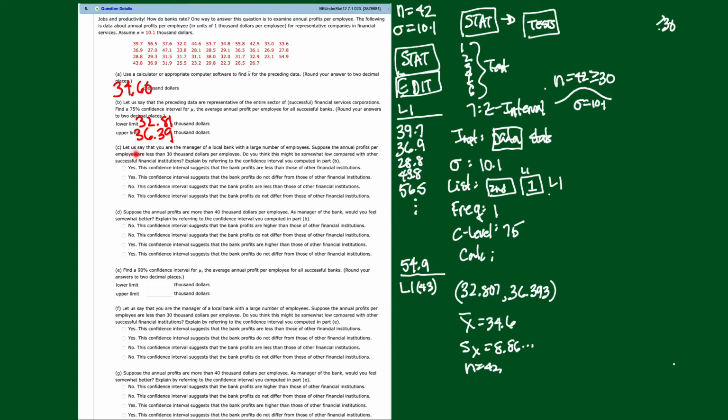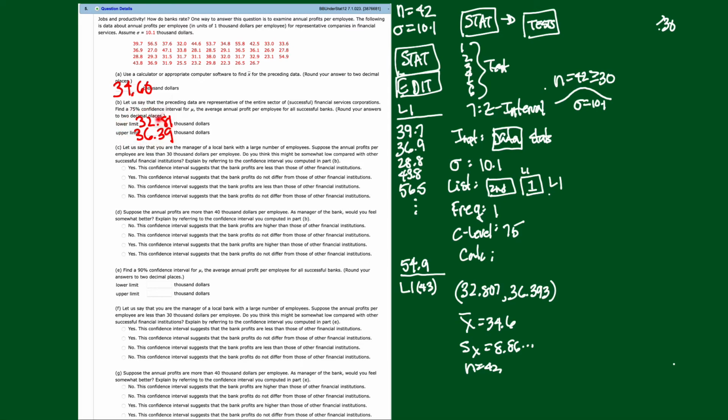Part C says, let us say you are the manager of a local bank with a large number of employees. Suppose the annual profits are less than $30,000 per employee. Do you think this might be somewhat low compared with other financial institutions? Explain. Well, this seems low to me. Does it seem low to you? I mean, they're talking about less than 30, and look at our interval.